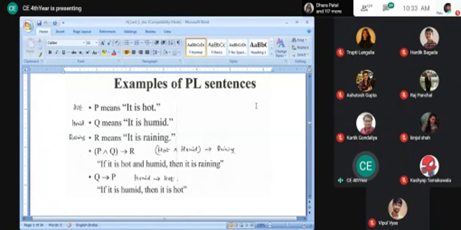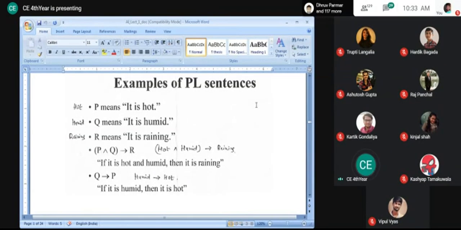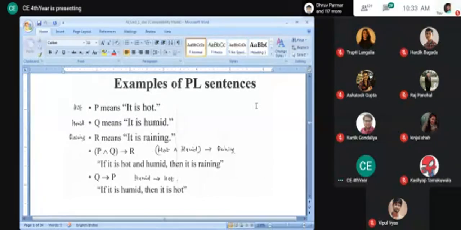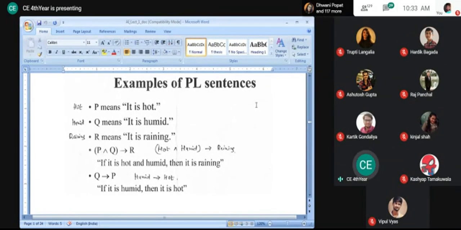Now, moving further, we take some examples of PL sentences. It is given that it is hot. It is also known that it is humid. It is given that it is raining.